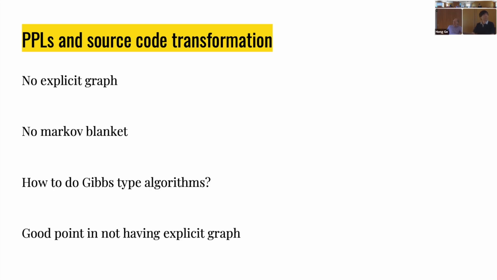Next slide, please. So it's quite different from the BUGS software. You don't have any explicit graph that you can wander around discovering interesting things. You don't have any Markov blanket. So how do you do Gibbs type algorithms?